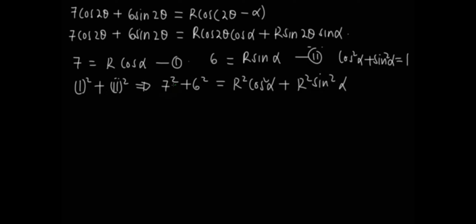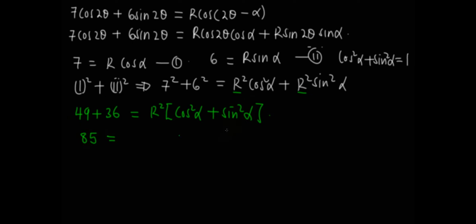Now, 7 squared is 49, plus 6 squared is 36, everything equal to, now we realize that r squared is common. Therefore, we factor it out, and we are going to have cos squared α plus sin squared α. 49 plus 36 is 85.